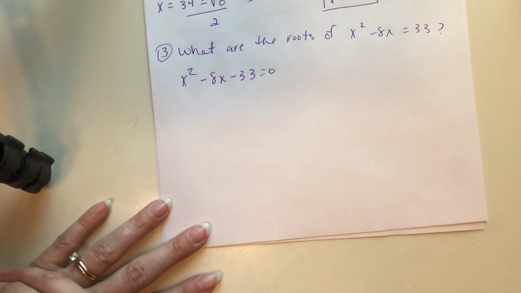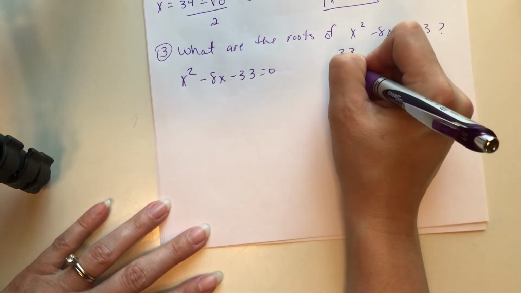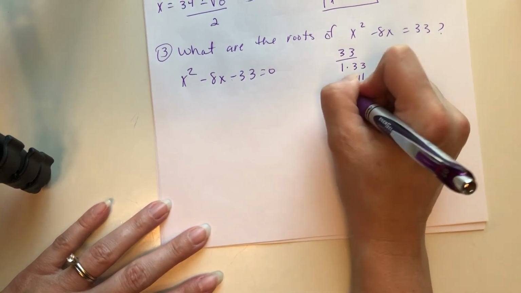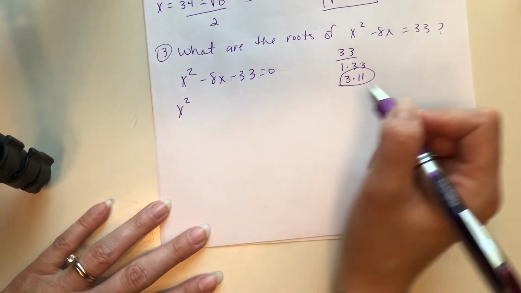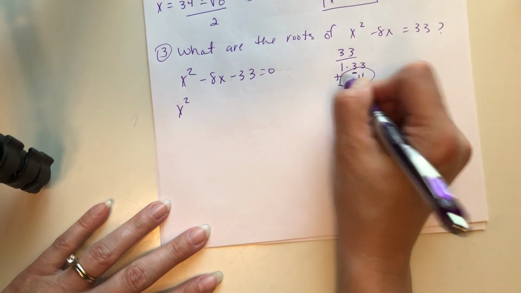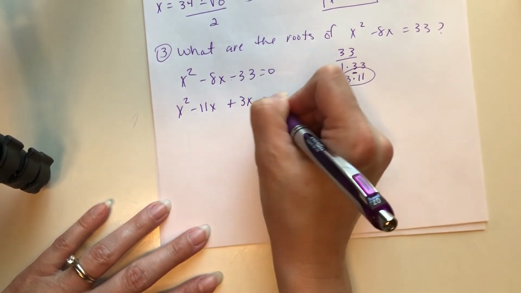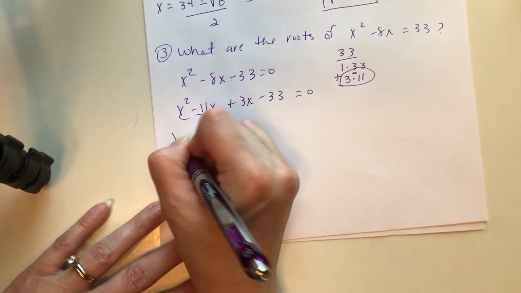And that looks like we can factor it. 33 looks pretty simple. 1 times 33, 3 times 11. Looks like I can use 3 and 11. So I can do x squared, 11 negative, 3 positive. So negative 11x plus 3x minus 33 equals 0. Pull out the x.